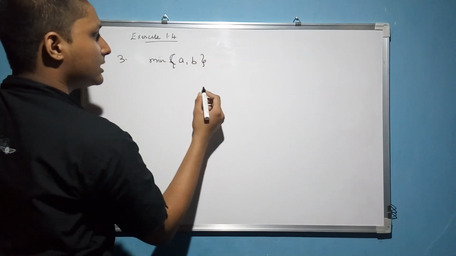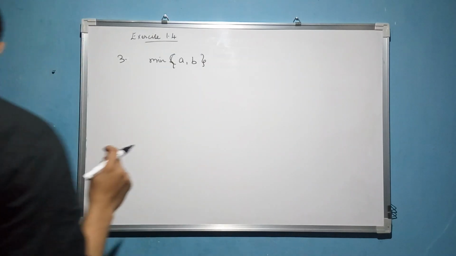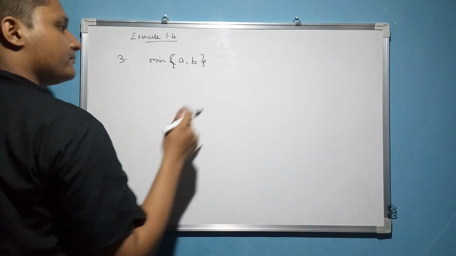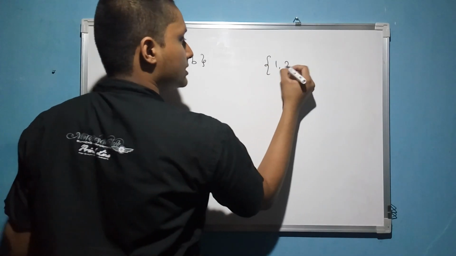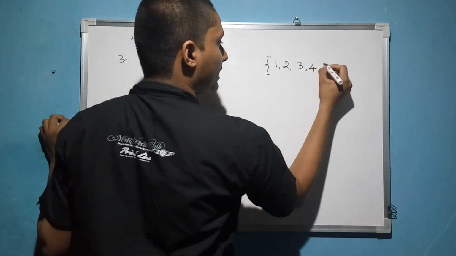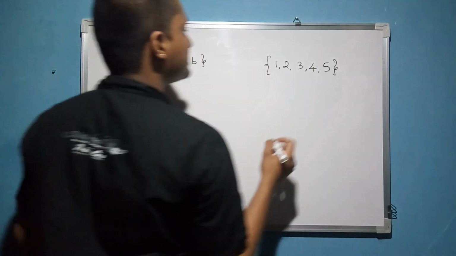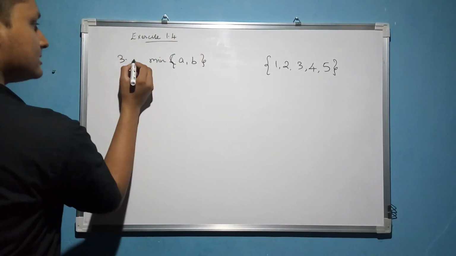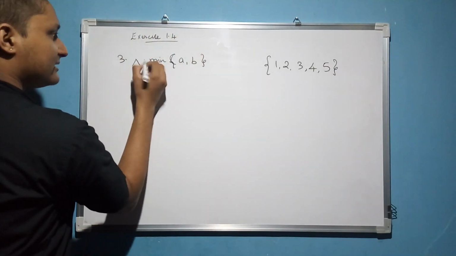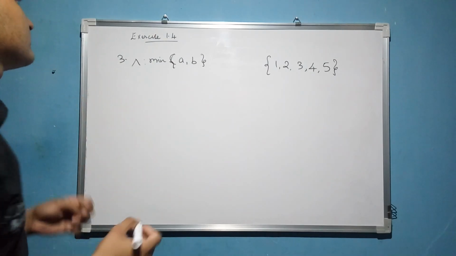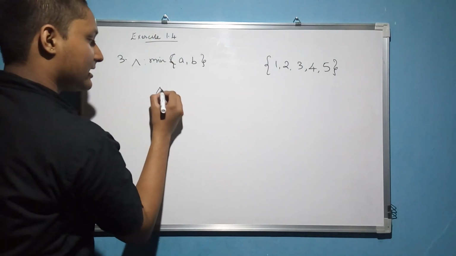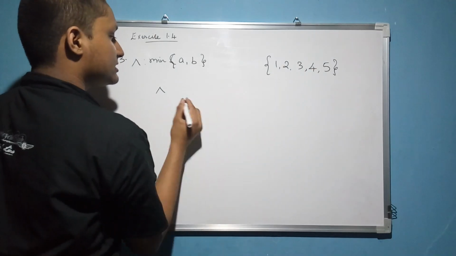So you are selecting two numbers. The given set here is from 1 to 5. The numbers 1, 2, 3, 4 and 5 are the 5 numbers here. So this is an operation. So you have 5 elements here, right?